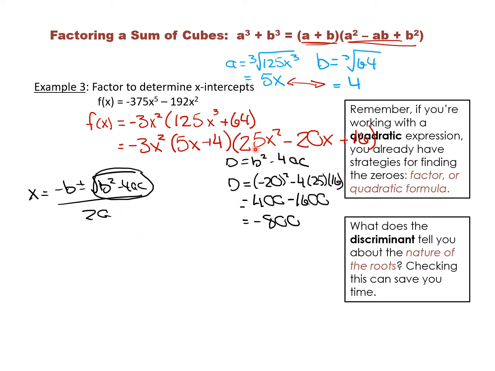So we will never be able to get any roots from these. And this whole formula, a squared minus a times b plus b squared, if you use those letters or numbers and sub them in, it's always going to be a negative. So it's good to check that.